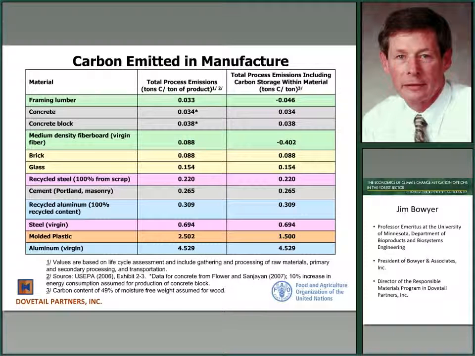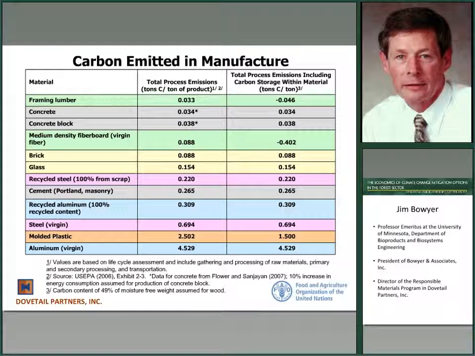For example, cold form steel used in steel framing members and so forth is typically about 30% recycled. So if we look between the 0.22 and the 0.694 down lower, steel studs are around 0.4, which is something like 14 times greater than the process emissions associated with wood. Notice plastic, molded plastic, that's a proxy for vinyl, a very high number, and then you see aluminum.